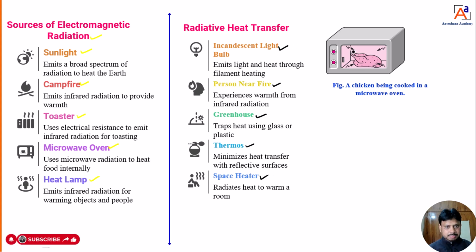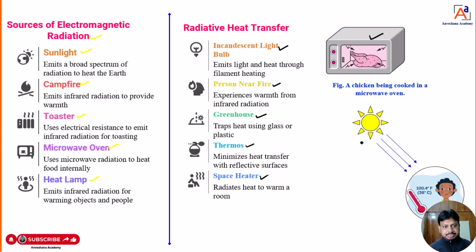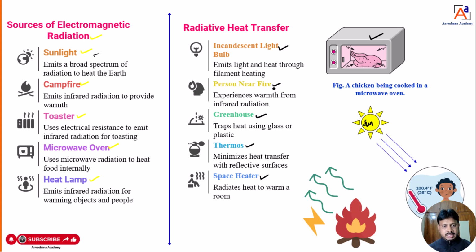Yes, for understanding, micro oven is one of the best examples of radiation heat transfer. Next, sunlight. This is the sunlight. Sunlight is also one of the best examples of radiation heat transfer. The next, person near fire or campfire we can take. If a person is standing near here, right?